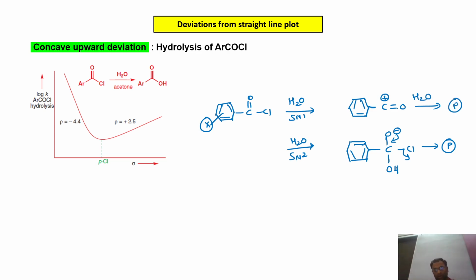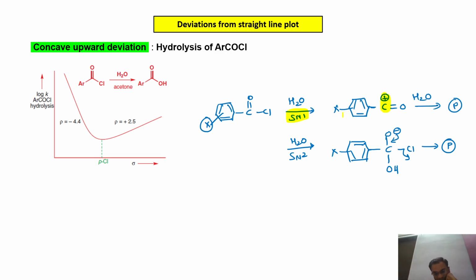So two types of mechanisms are possible, that is the simple SN1 type mechanism and the SN2 type of mechanism. Now this SN1 type of mechanism is assisted by the electron donating group as it forms a carbocation.